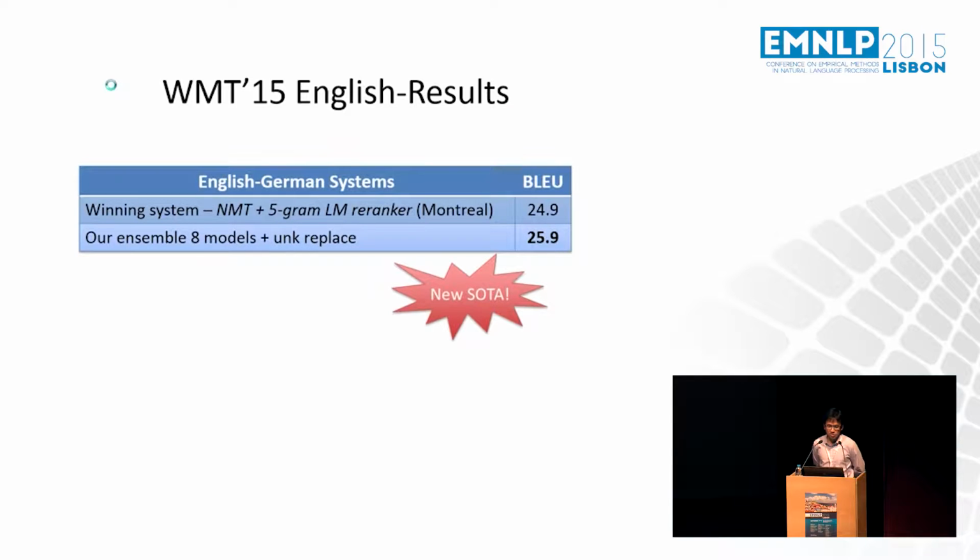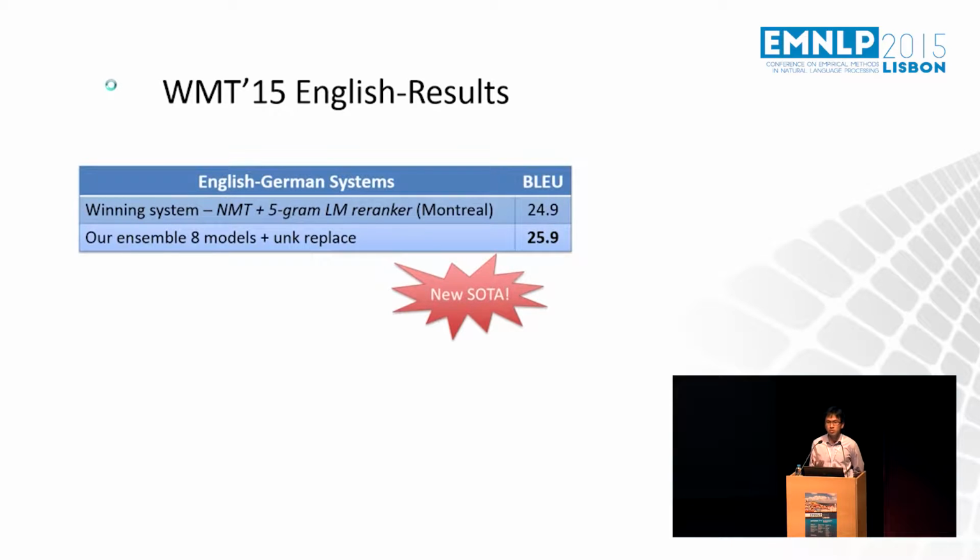So moving on, we also try our models on the WMT15 English to German experiments. So again, the model performs really well. We get a new state of the art as well, 25.9 BLEU points.